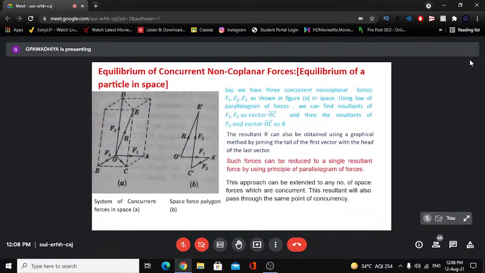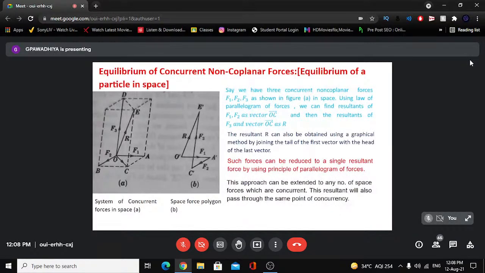The same procedure we follow for coplanar forces, we can follow here. Here we are applying it for concurrent coplanar forces, and for non-concurrent forces, I'll let you know later. But at the moment, concurrent coplanar forces and then concurrent non-coplanar forces.